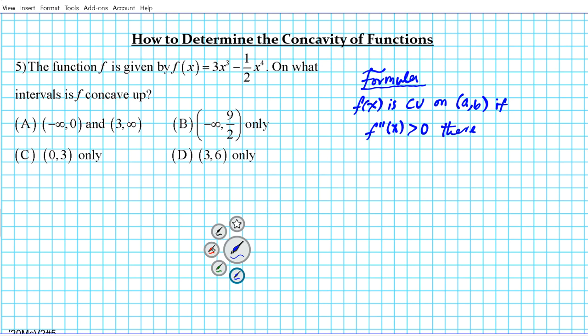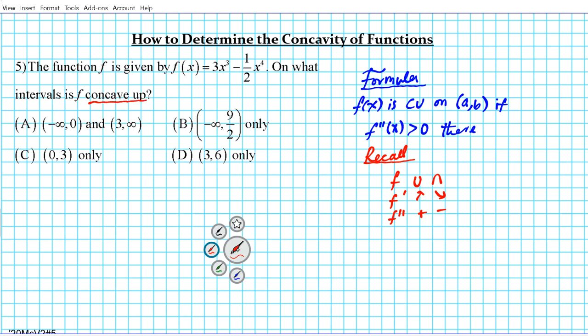Don't forget our fun charts to help us remember the pattern. If you have f concave up, concave down, f prime increasing, decreasing, and then f double prime positive, negative. So when given an algebraic function and you want to determine the concavity, just figure out where the second derivative is positive, and that will tell you where it's concave up. So in this case, we're looking for concave up.